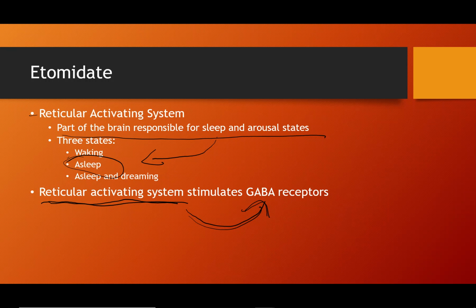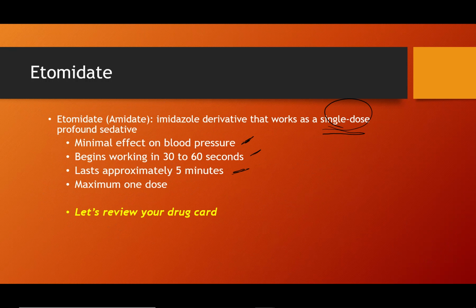Now remember some of the benefits of etomidate, okay? Right here: short acting, minimal effect on blood pressure, and it's extremely fast acting, beneficial. When I teach you RSI and how that procedure goes, you are going to learn that you want a medication that takes effect pretty quickly, doesn't last a whole long time, and isn't going to make your patient hemodynamically unstable.